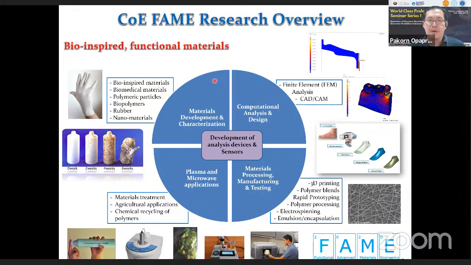So before we start, I'd like to give you an overview of our research center. The name is Functional Advanced Materials Engineering. We conduct research that completes almost the whole loop of materials development, starting from materials synthesis and characterization, with a focus on bio-inspired materials and degradable polymers.